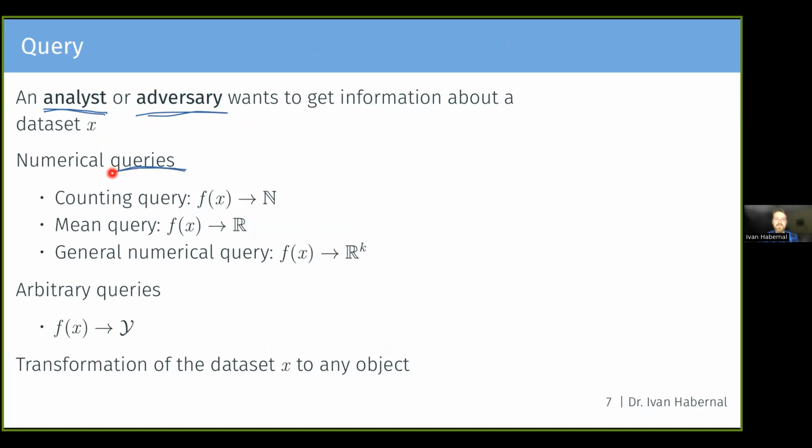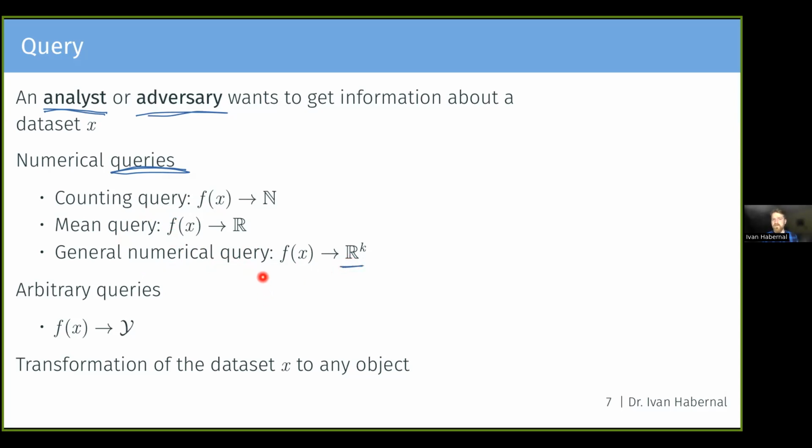Query is typically used in the world of differential privacy. And typical queries could be, for example, a counting query, which is how many items are in the data set. It could be a mean query. So for example, what is the mean income from my data set? Or it could be any other numerical query which outputs a vector of real numbers, for example.